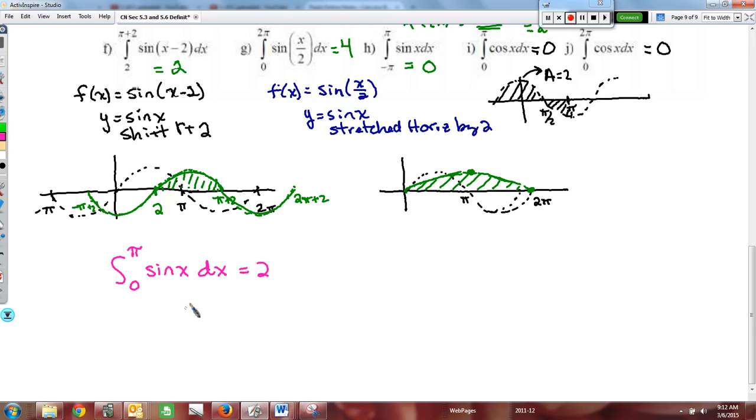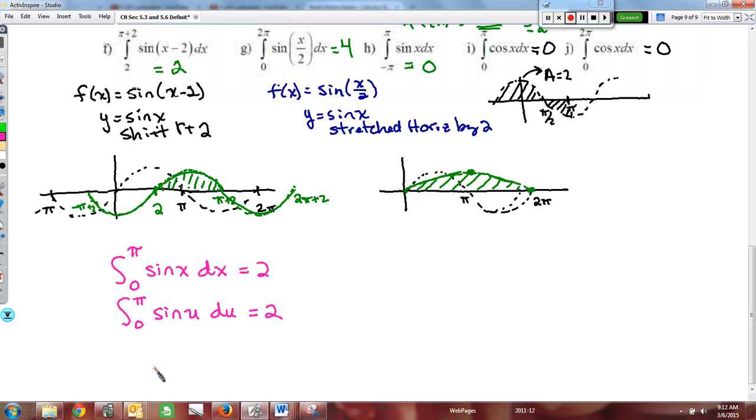Now, this is a comment about the variables that you're integrating with respect to. Does it really matter what variable I call the x-axis? I could rewrite this as the integral from 0 to pi of sine u du, right? That would still be equal to 2. It doesn't really matter what name I'm calling my input. I can name it anything that I want.